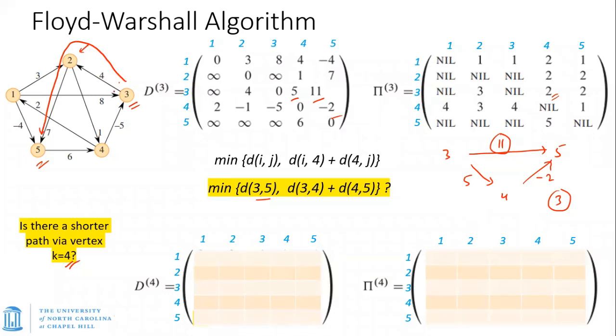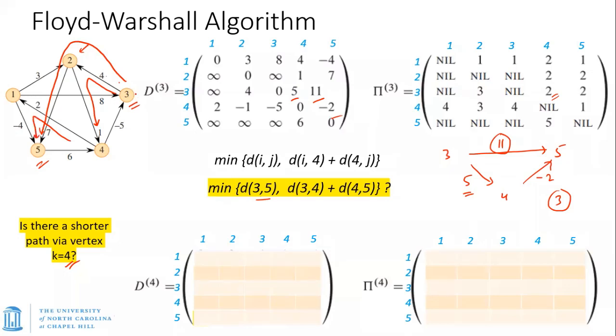So now you have 3 to 4, which has a total distance of 4 plus 1, which is 5. And from 4 to 5 is what? Through 1. So now you've got a double hop.